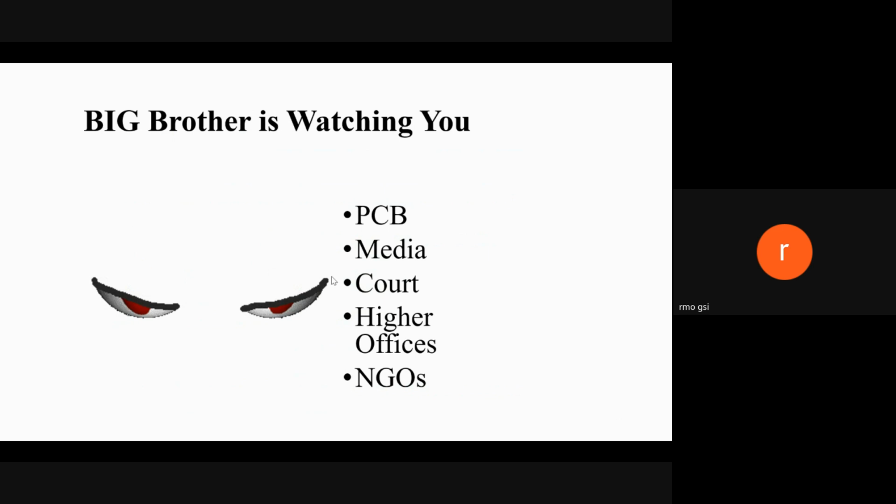If we do not manage our waste properly, then you can see the big brother's eyes. These are the big brothers, because your pollution control board can give you a notice. There are clauses for penalties, and for the closure of the healthcare institution under the law to close your site.